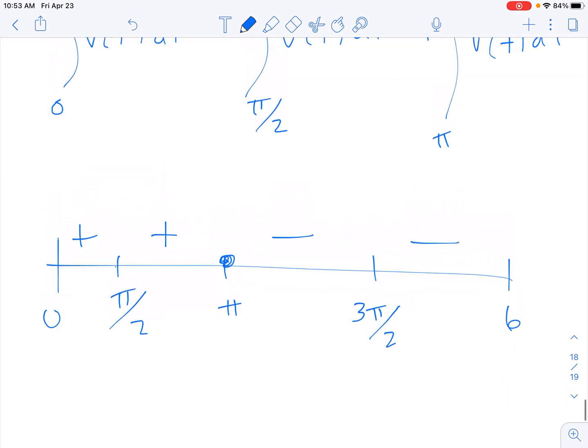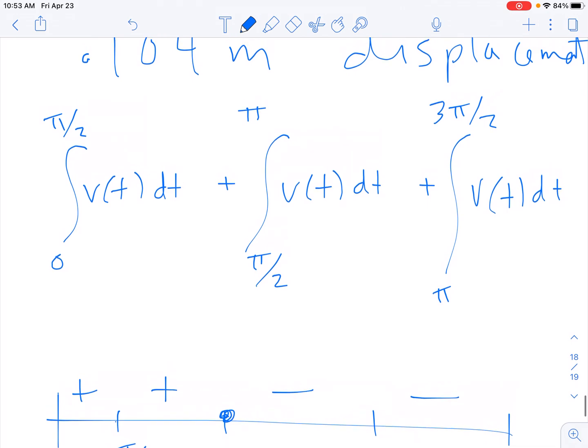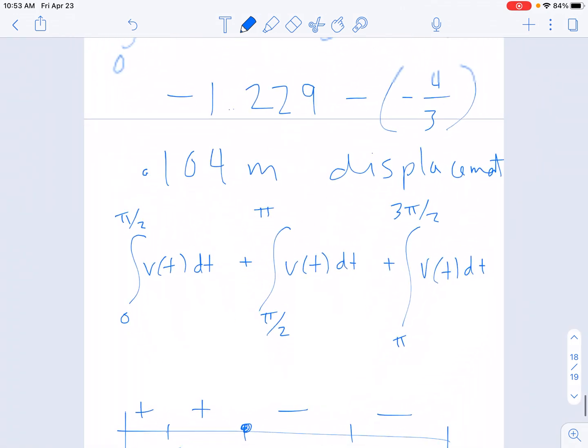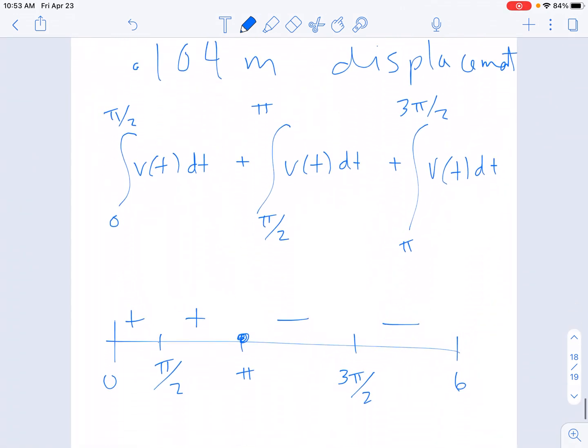I should have graphed the function first. So 0 to pi and pi to 6. There's only one changing point.